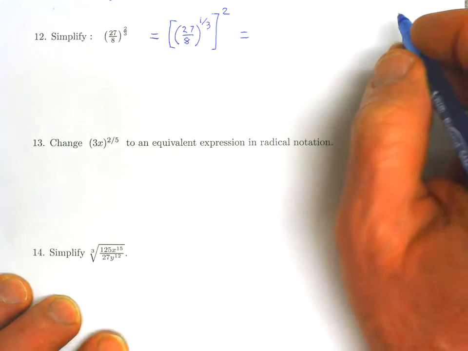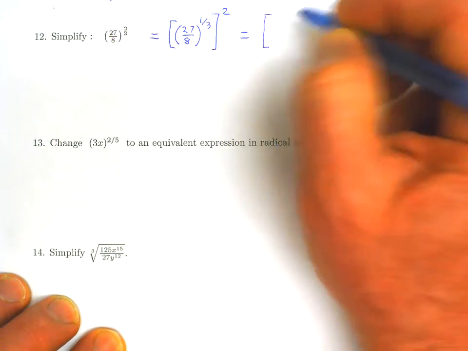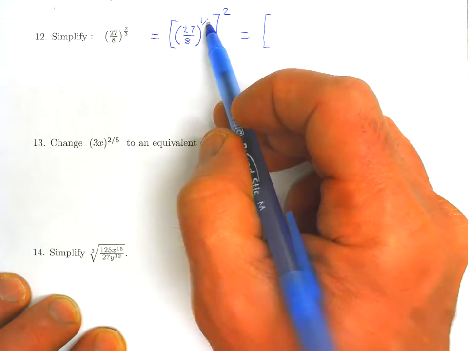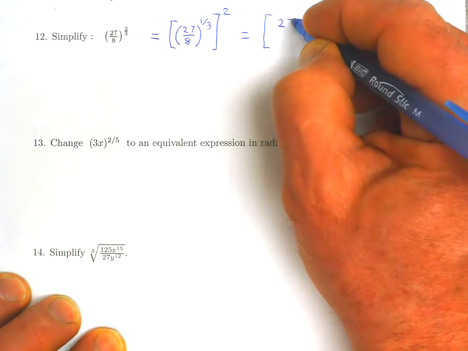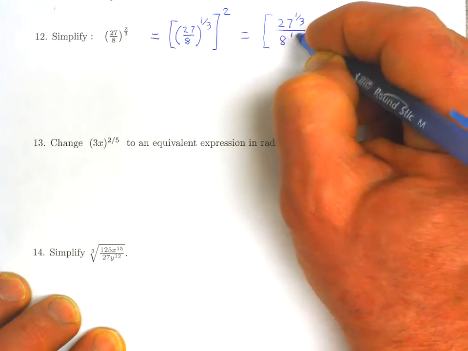If you want to write this in a little more detail, you can. If you apply this inner exponent 1/3, then we have 27 to the 1/3 divided by 8 to the 1/3.